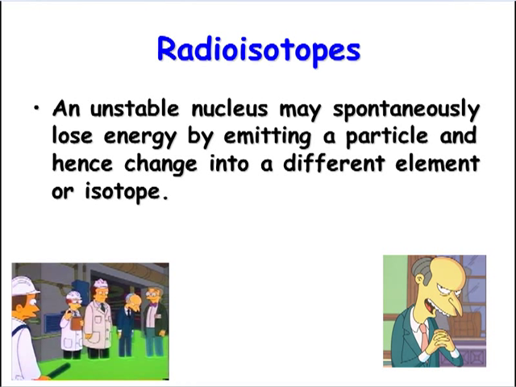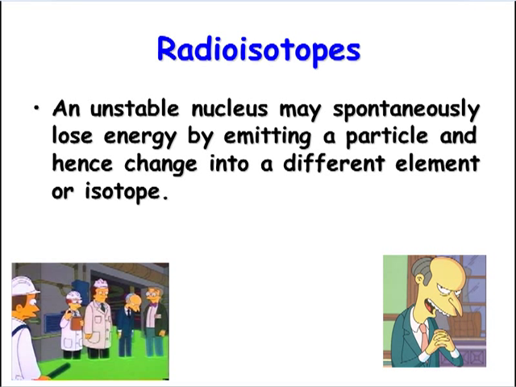Now, an unstable nucleus may spontaneously lose energy. Basically, what that's saying is that they may just spontaneously, you can't predict exactly when, decay. It will basically throw something out and become a different element.